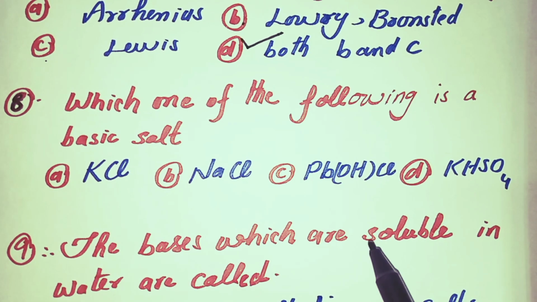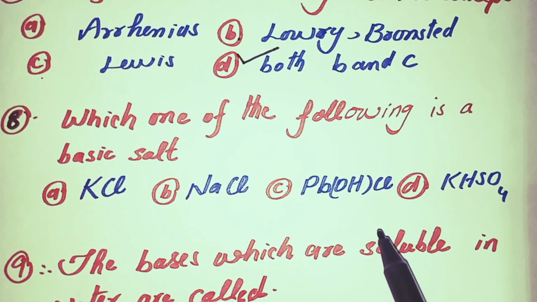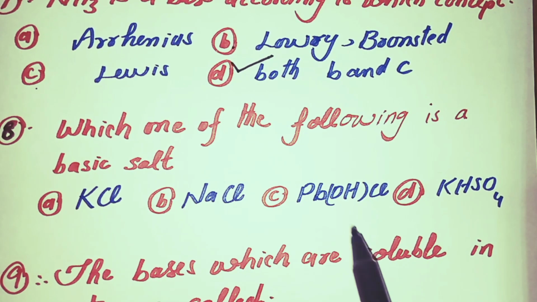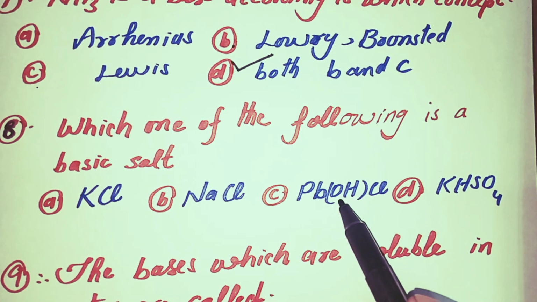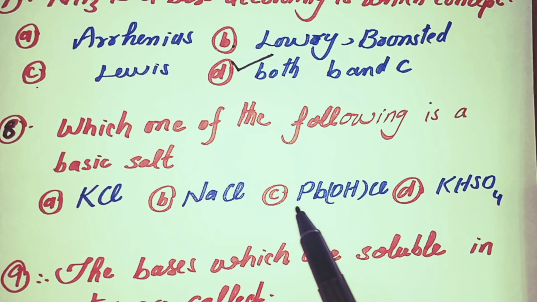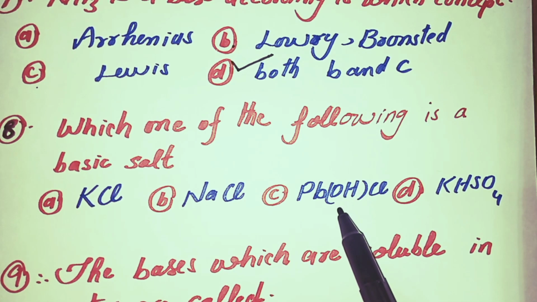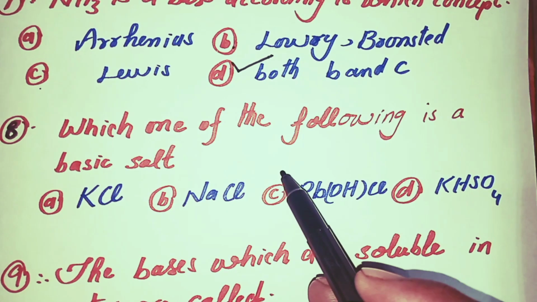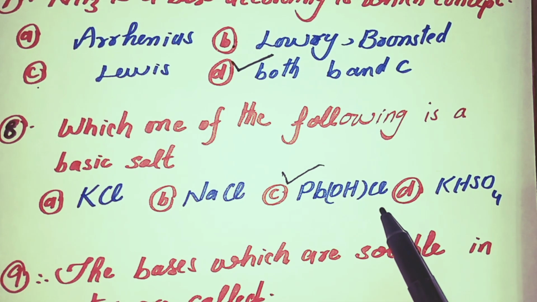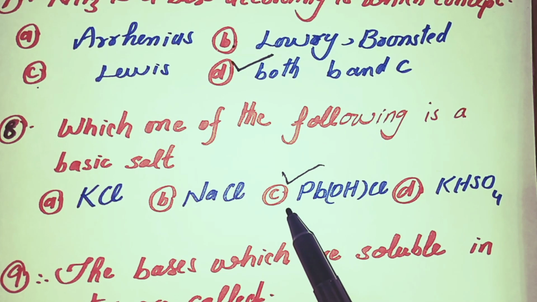And the simple and short trick to identify a basic salt: the substance which contains OH ion, hydroxide ion, is basic in nature. So here the basic salt is lead hydroxychloride. Option C is correct.